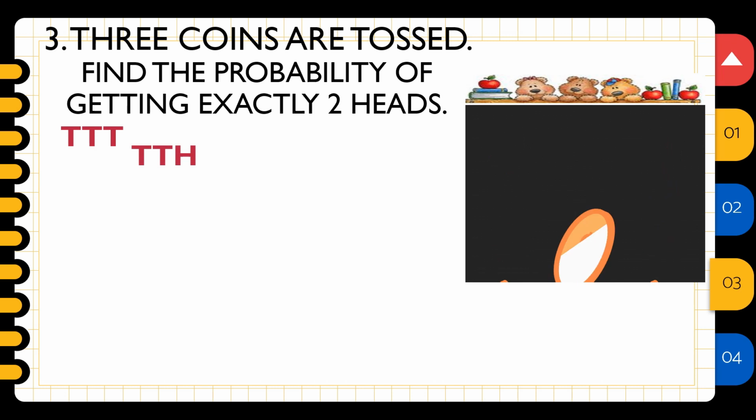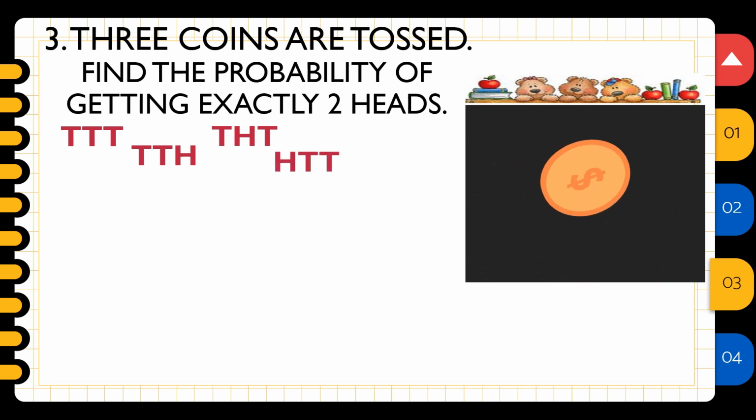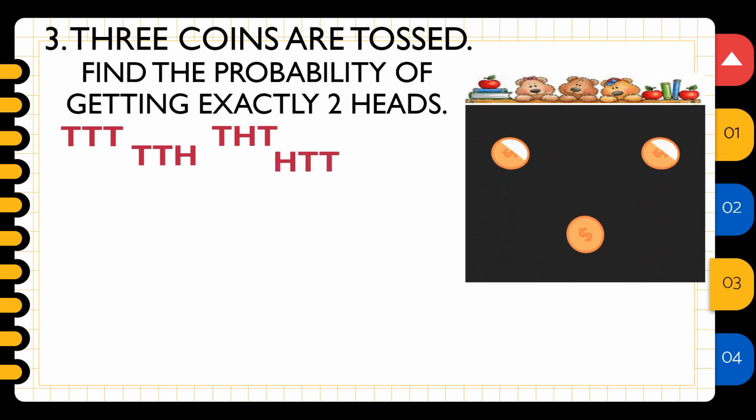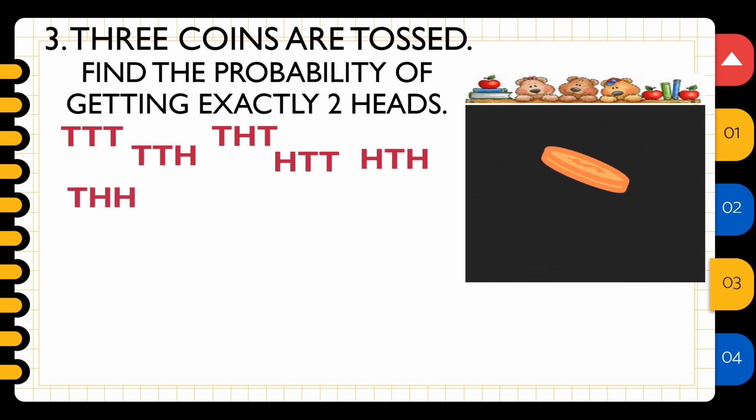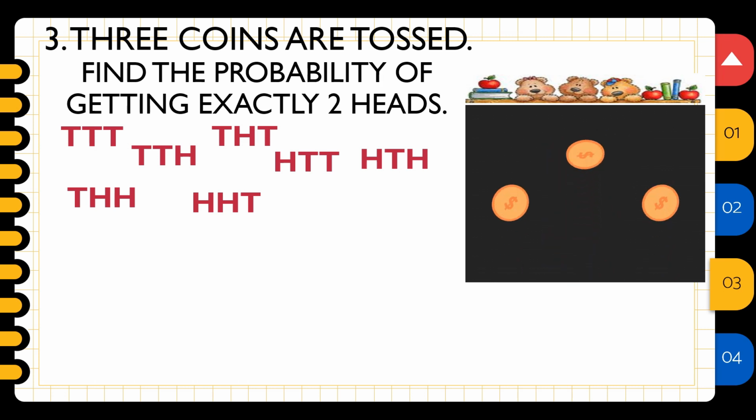Next can be tail, tail, head. Another is tail, head, tail. We also have head, tail, tail. Another is head, tail, head. We also have tail, head, head. Another can be head, head, tail. And the last one is all heads.